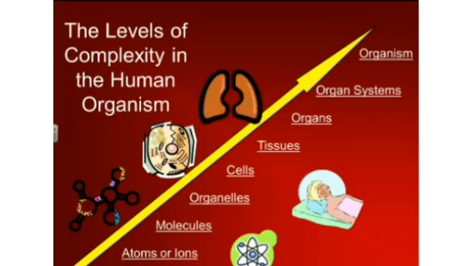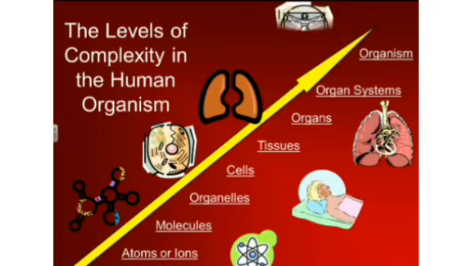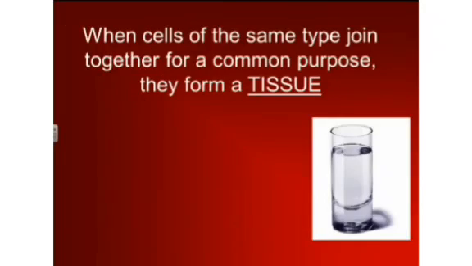And then those tissues come together in a common purpose and form organs. And then the organs come together to make different organ systems. So have multiple organs put together, they become a system. And then you have multiple organ systems put together to create an organism, which we as humans would be considered an organism.